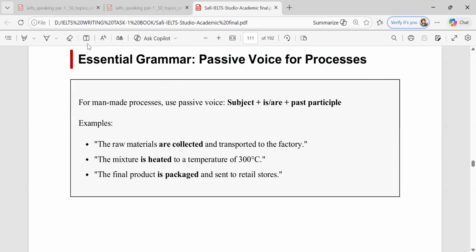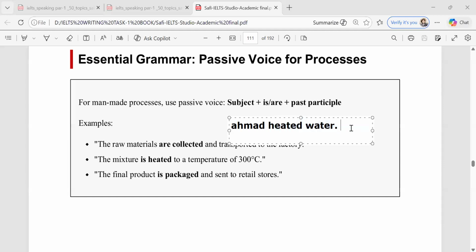Let's take a few examples, then you will understand. For example, I want to heat the water. If I say Ahmad heated water, this is an active form. But in a process diagram, we are not interested in who heated the water. We're not interested in Ahmad. We are only interested in heating water.